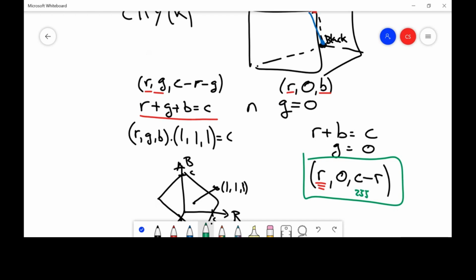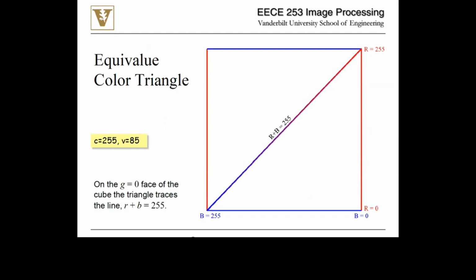So you would have 0, 0, 255, or 1, 0, 254, or on the other extreme, 255, 0, 0. So this point would be the 0, 0, 255, so red is equal 0. And then you are traveling all the way to red 255, and then the other two have to be 0.